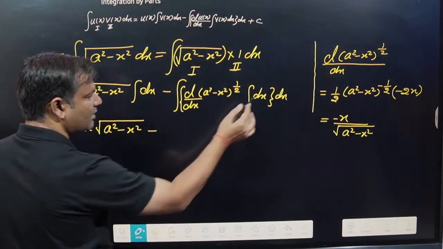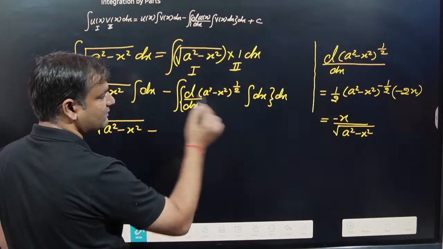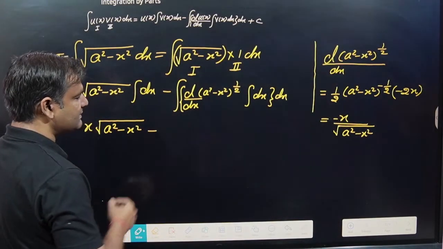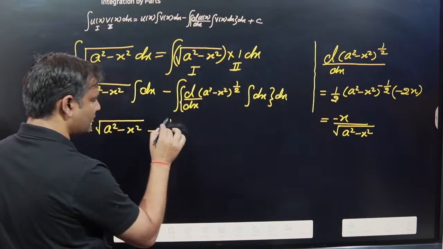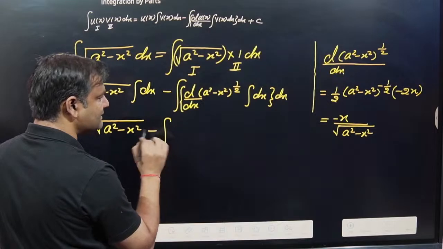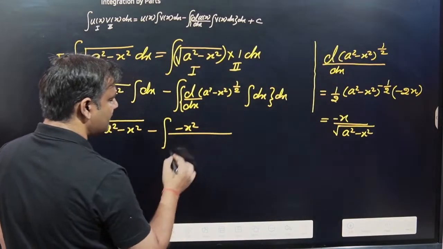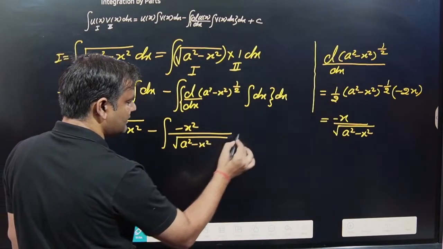minus, what about that value here? The integration of dx is simply x, and the differentiation of this one is like that one. So after putting, we got minus x square divided by under root a square minus x square dx.